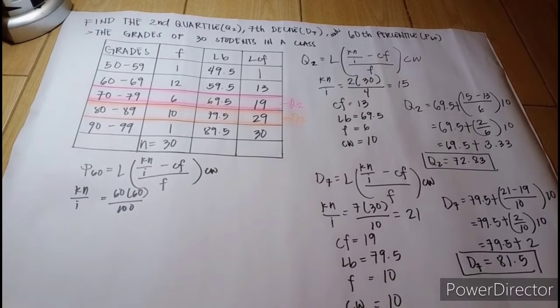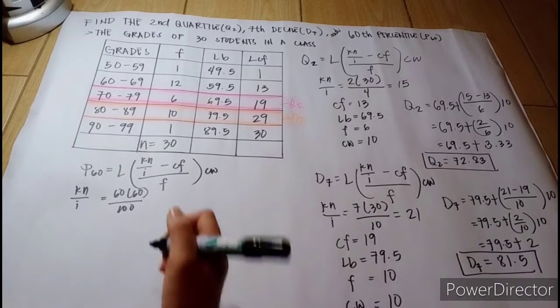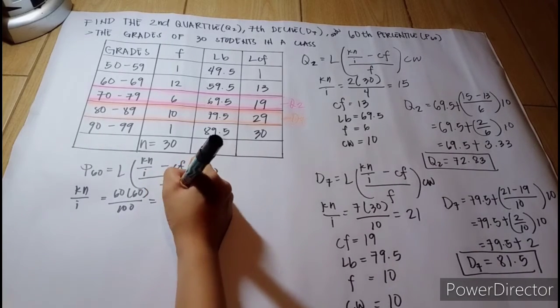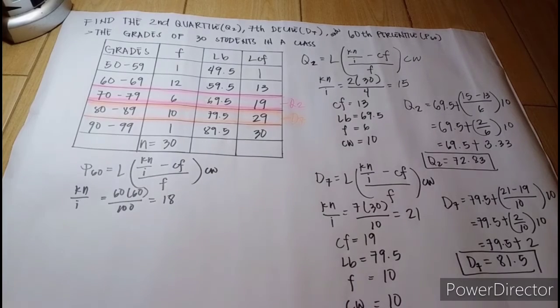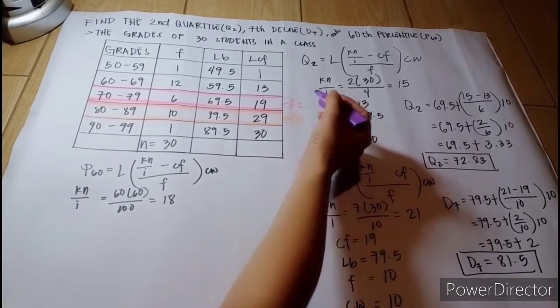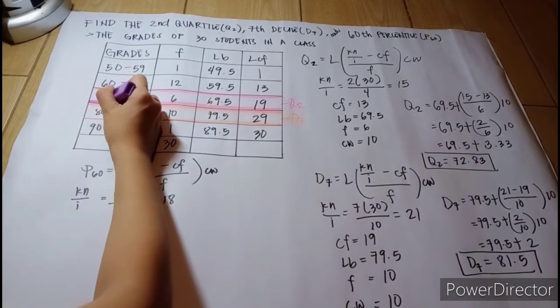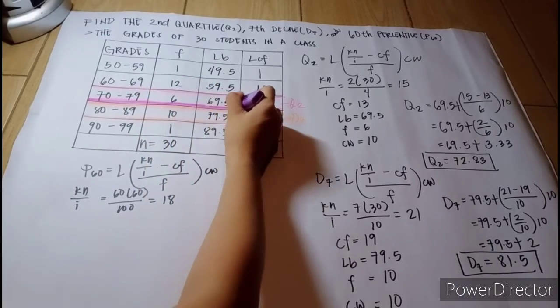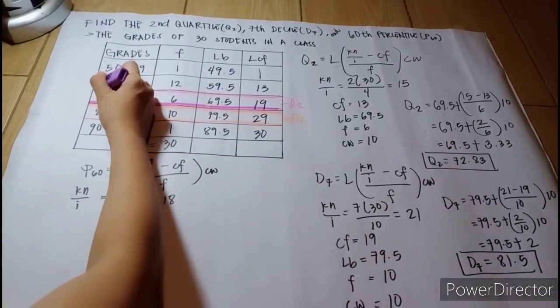So, 60 times 60 divided by 100, that is 18. Again, the 18 is in between 19 and 13. So, the class that we need is also 19.